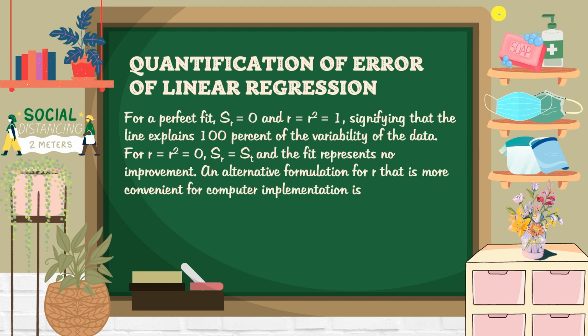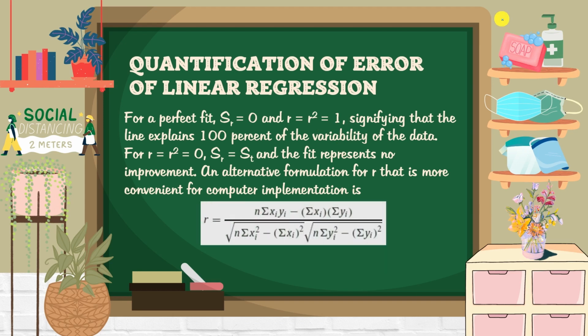An alternative formulation for r that is more convenient for computer implementation is r equals n multiplied by the summation of the product x sub i, y sub i minus the product of the summation of x sub i and the summation of y sub i, all over the square root of n multiplied by the summation of x sub i squared minus the square of the summation of x sub i, multiplied by the square root of n multiplied by the summation of y sub i squared minus the square of the summation of y sub i.